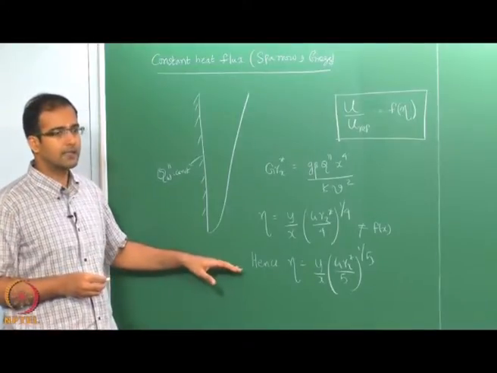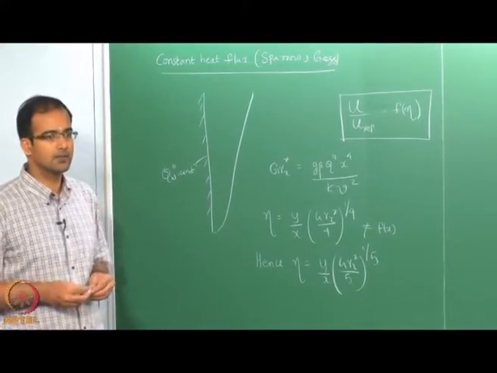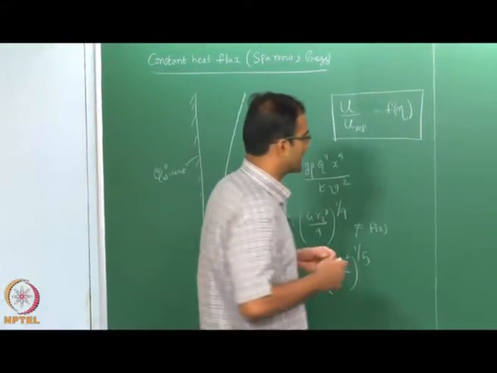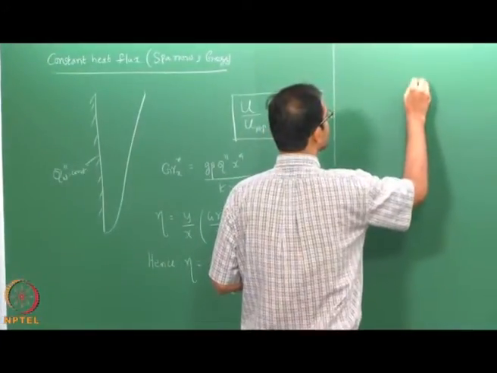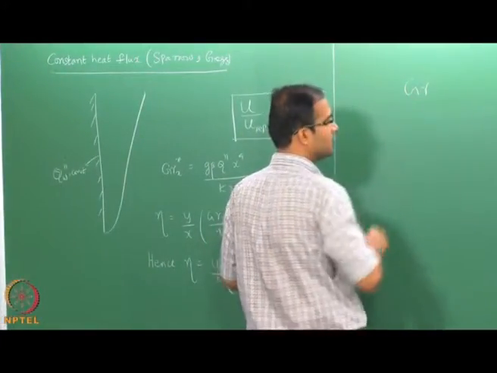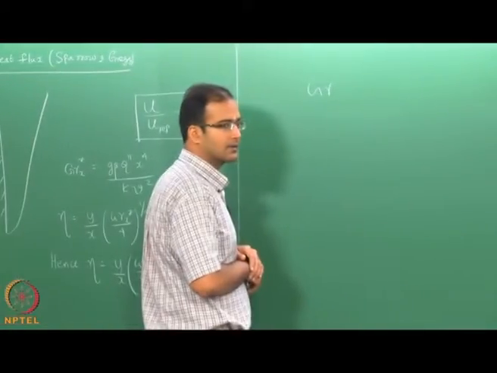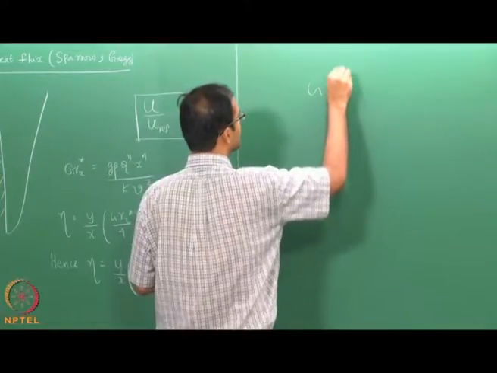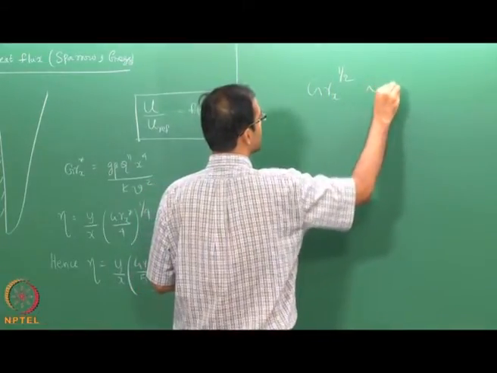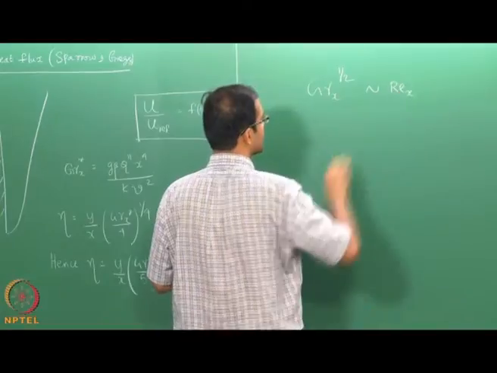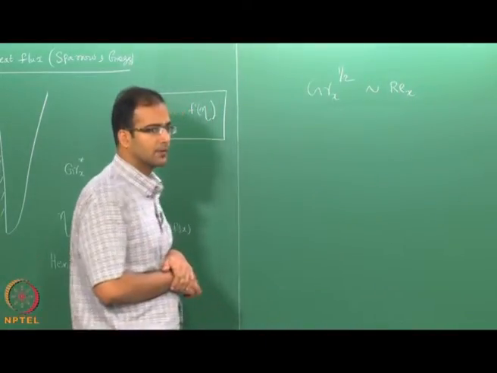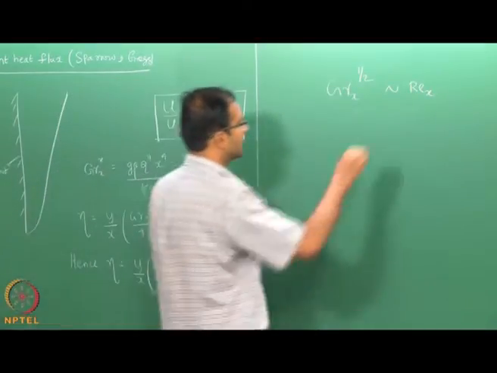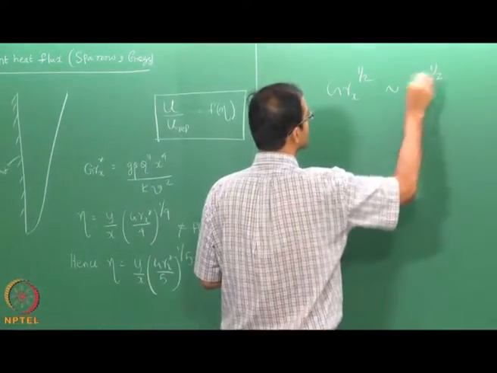So, how do we estimate u reference? This is the same way that we did for the constant wall temperature case. There we equated the order of magnitude of Grashof number and Reynolds number. Grashof number to the power half is the same order as Reynolds number.